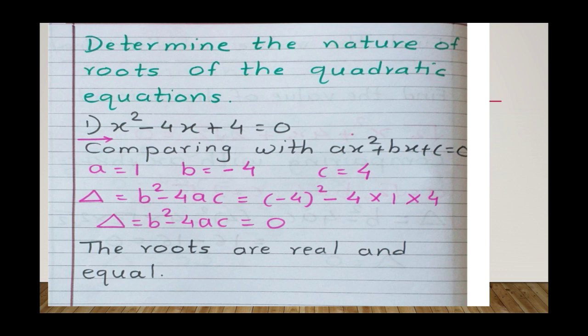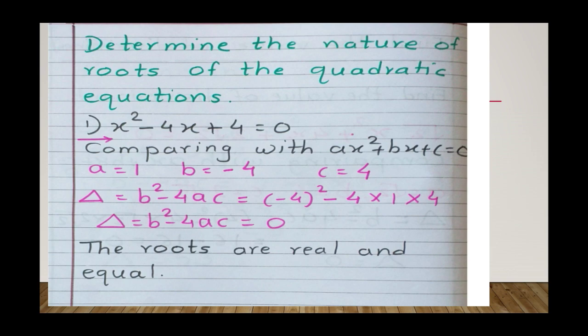Determine the nature of roots of the quadratic equation. First example, x square minus 4x plus 4 is equal to 0. Comparing the equation with ax square plus bx plus c is equal to 0, we get a is equal to 1, b is equal to minus 4, c is equal to 4.